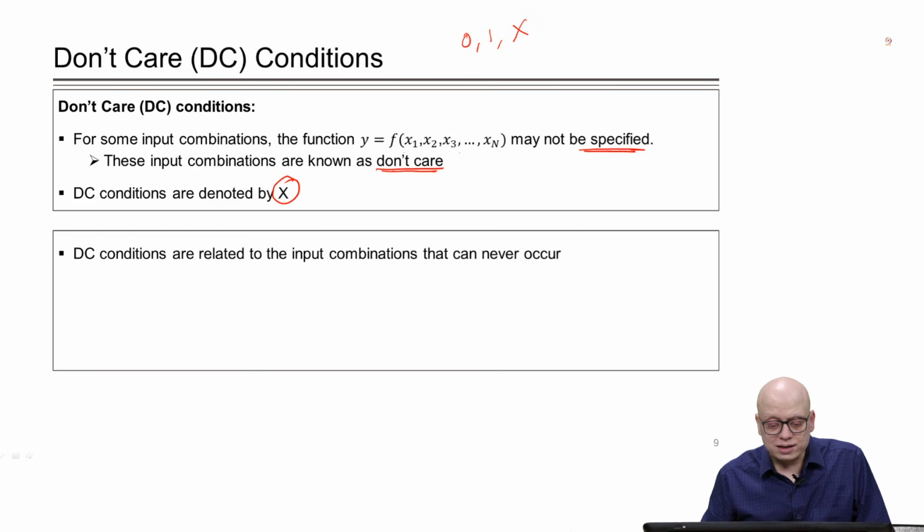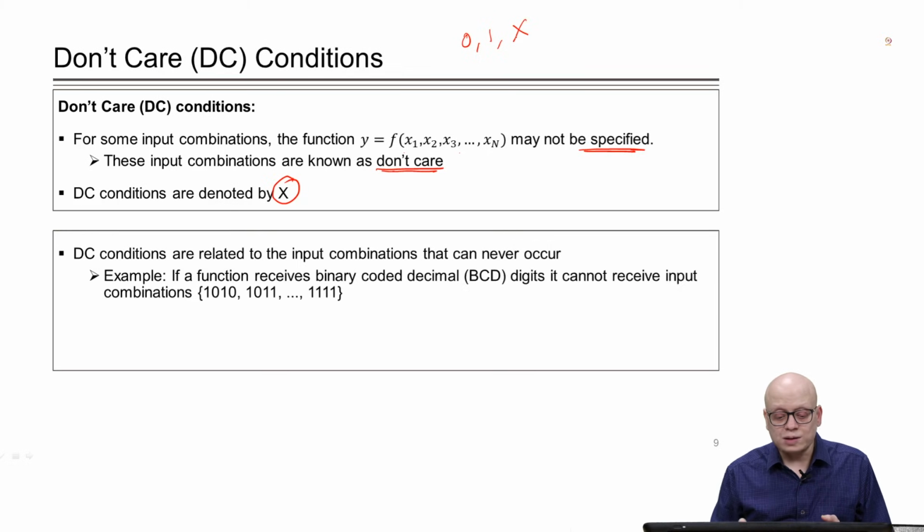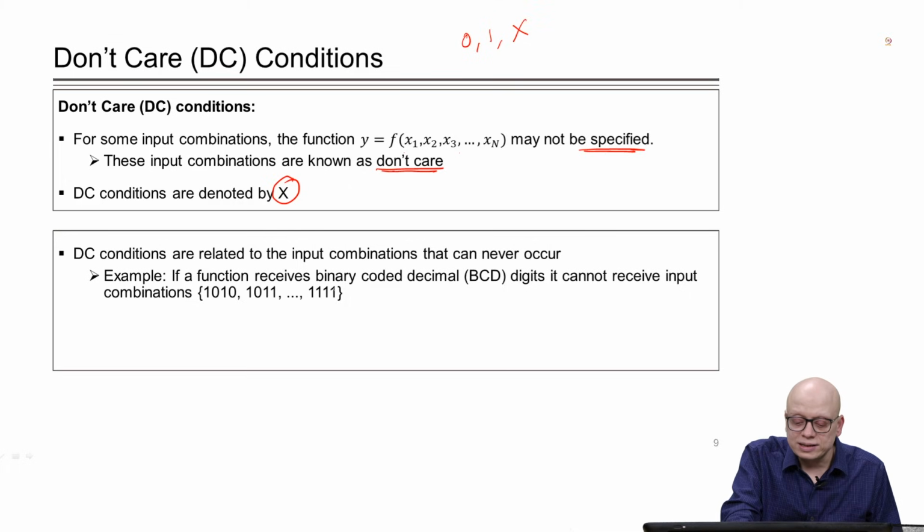Now, do not care conditions are related to the input combinations that can never occur in a circuit. How can that be? For example, suppose we are designing a combinational logic cone in which the inputs are coming in the form of binary coded decimal.